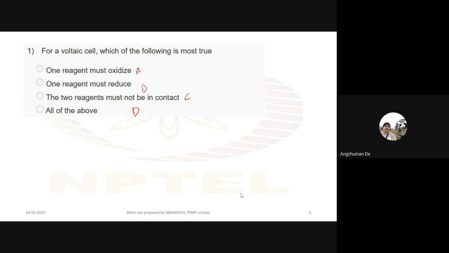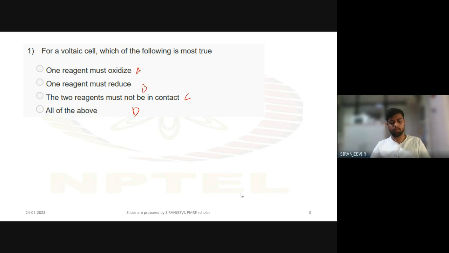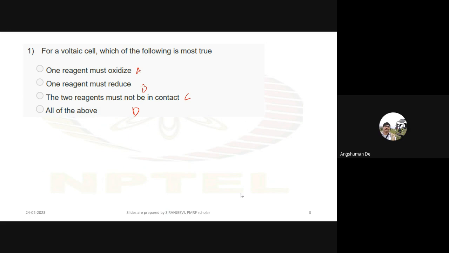One is the anode, where oxidation occurs, and one is the cathode, where reduction occurs. So there must be one oxidizing agent and one reducing agent. For electrons to flow through the external circuit, they are forced to flow so that current will be passed. So they must not be in contact.